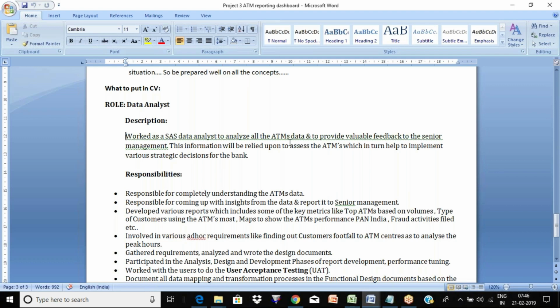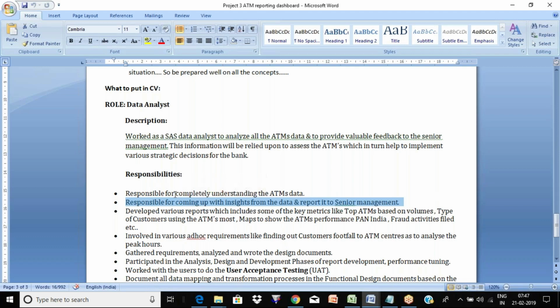So this information will be relied upon to assess the ATMs, which in turn helps to implement various strategic decisions for the bank. This is the description. Responsible for completely understanding the ATM data, and for coming up with insights from the data and reporting it to the senior management, right?